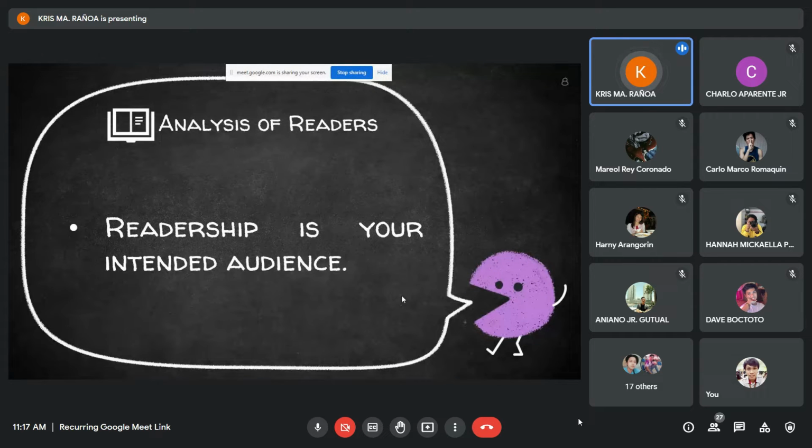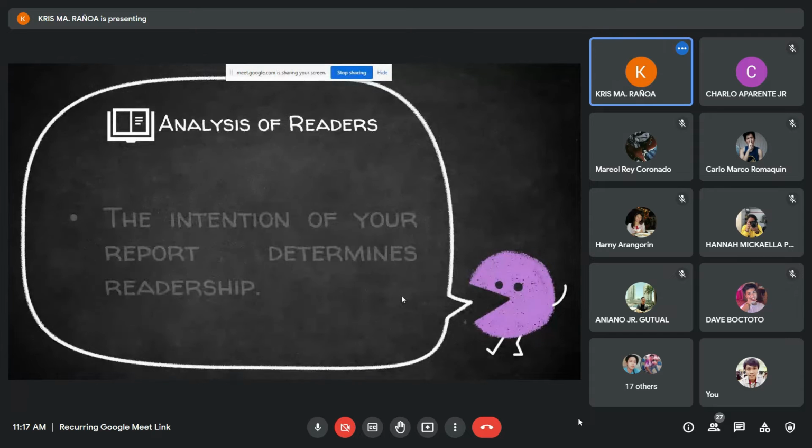Readership simply means the person or persons, organizations to be reached by the technical writing. So, katong mga tao na gusto maabot sa imong writings. So, readership is your intended audience.